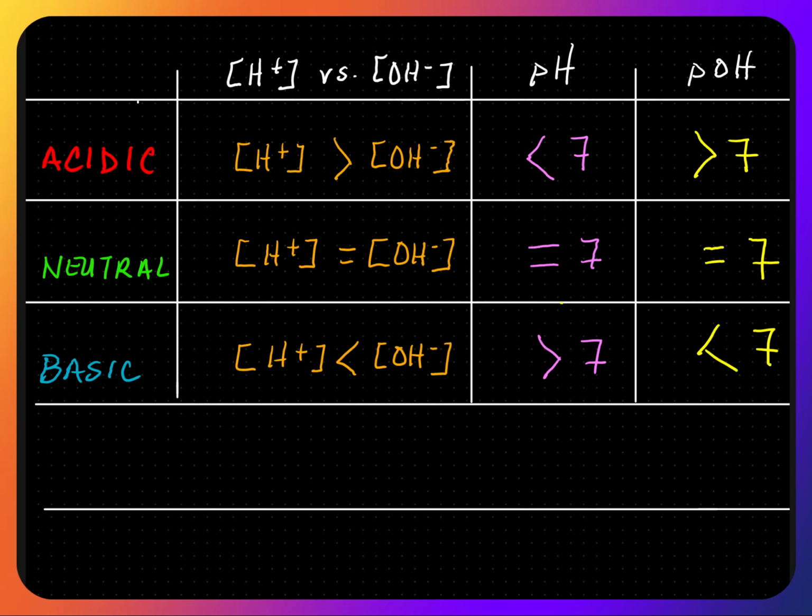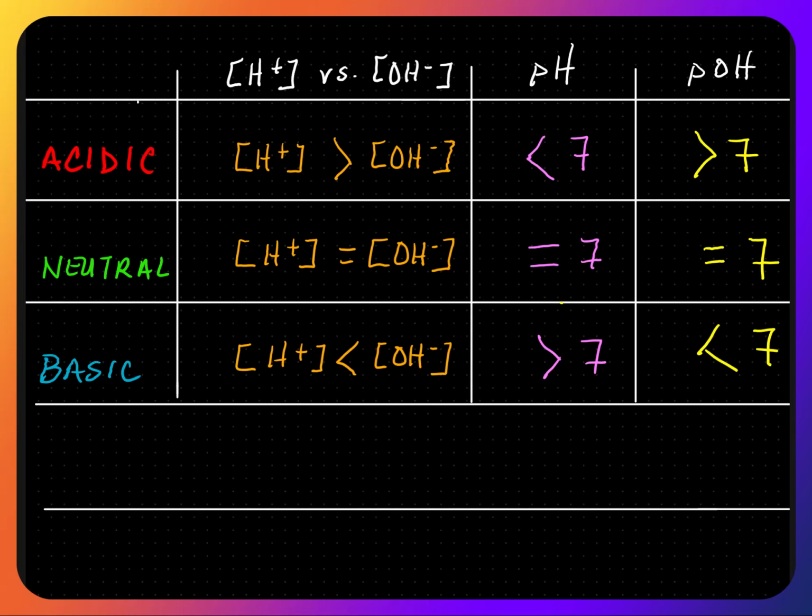Since water autoionizes into H+ or H3O+ and OH-, we could compare the concentration of H+ to OH-. When the concentration of H+ is greater than OH-, the solution is acidic. Therefore, the pH has to be less than 7, while the pOH must be greater than 7.